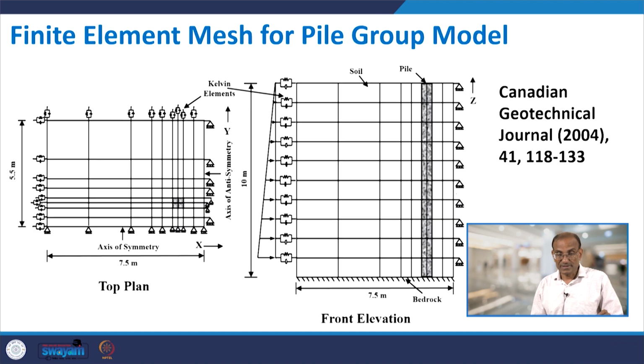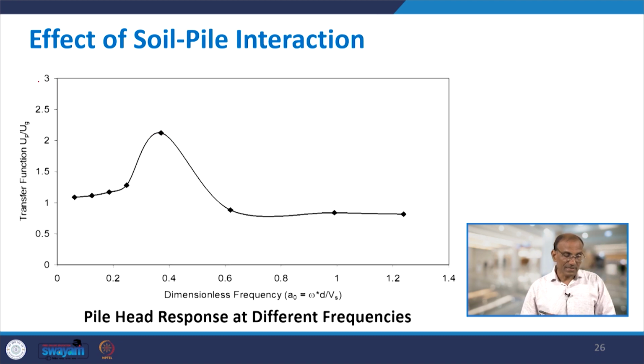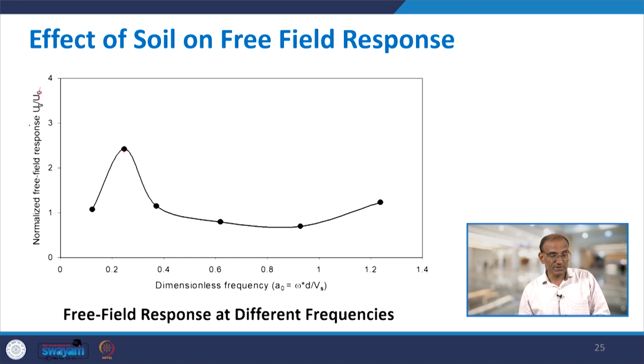In the first case the y axis is normalized with respect to the amplitude of the input motion u naught, while in the second case it has been normalized with UG, the normalized free field response, which was found in the first step.